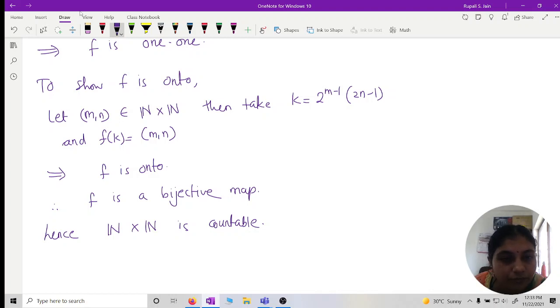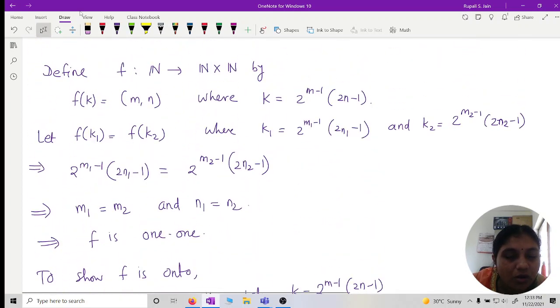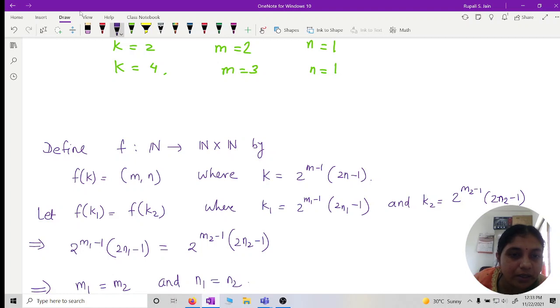Ma'am, please explain to show f is onto again. Onto means what? For every element in the codomain, we should have a pre-image, right? If you take m and n, you will get a natural number 2 raised to m minus 1, 2n minus 1, whatever you take, that will be your natural number.